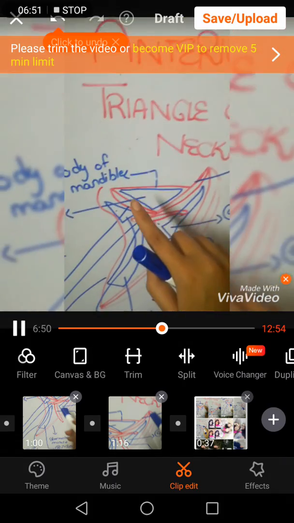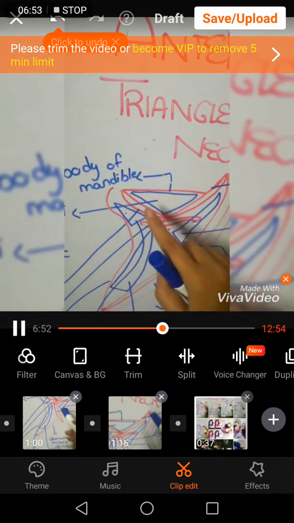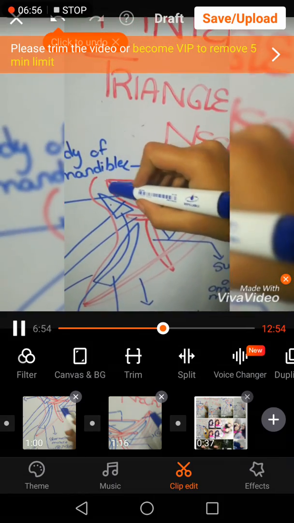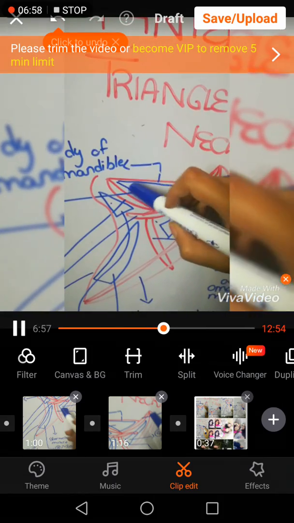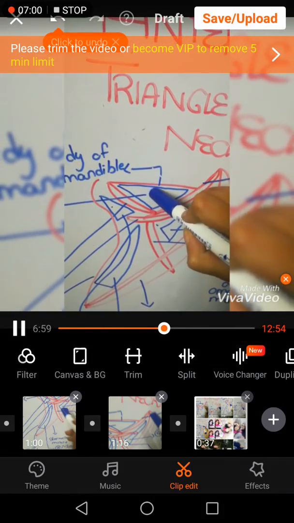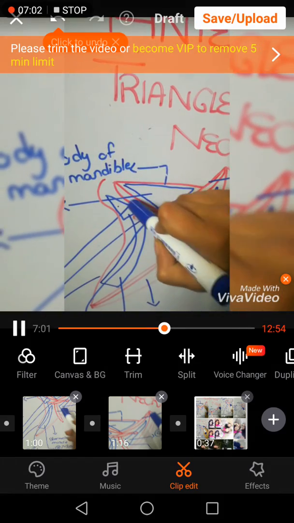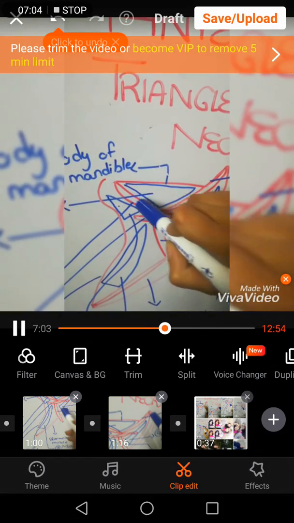Now you can see that in front of this curve, this one, is present. So we can say that the anterior relation of the submandibular triangle is the anterior belly of the digastric muscle.